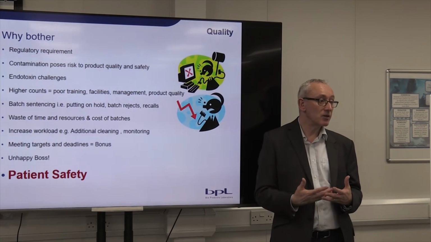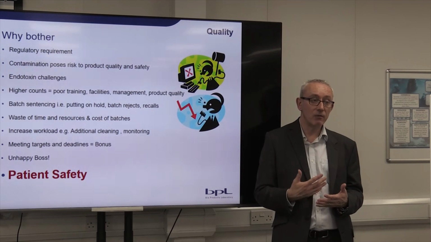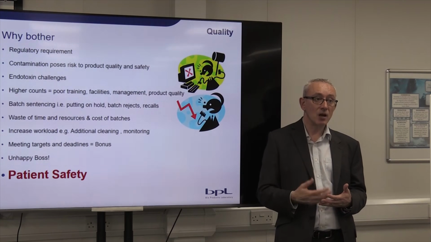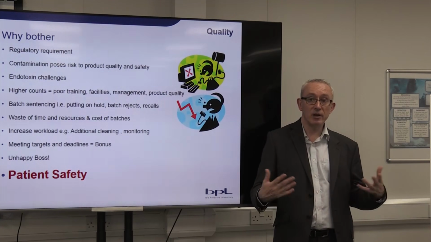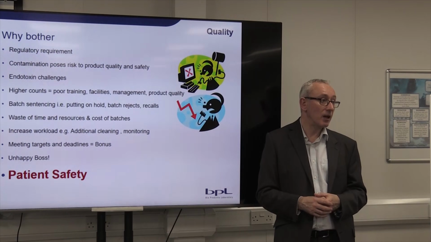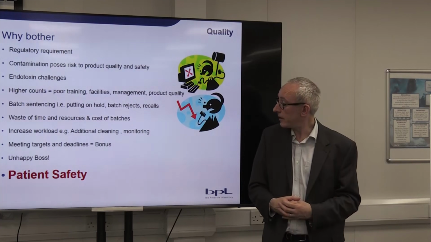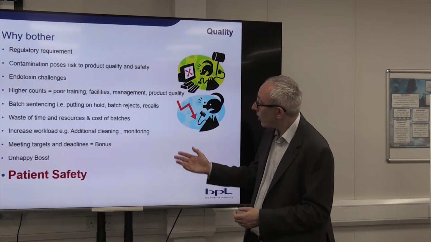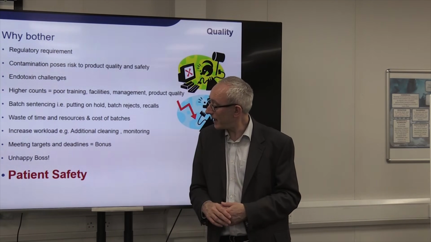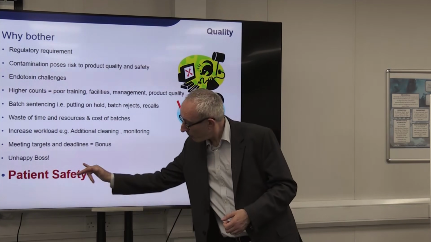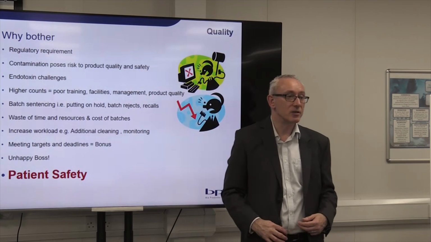Some of the products that we make are very, very expensive. So the Gamaplex product, for example, can often retail between £3 and £4 million for a batch. There are things around workload, missing targets, and unhappy managers, but foremost is always patient safety.